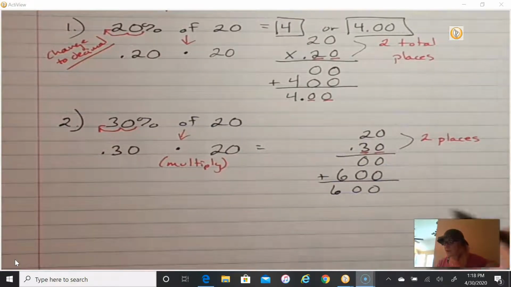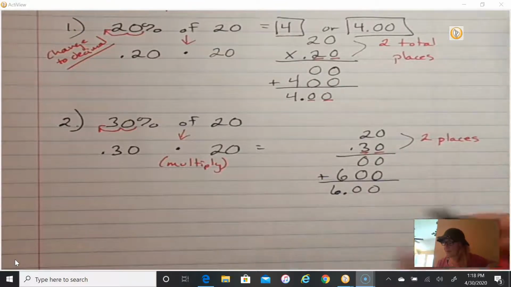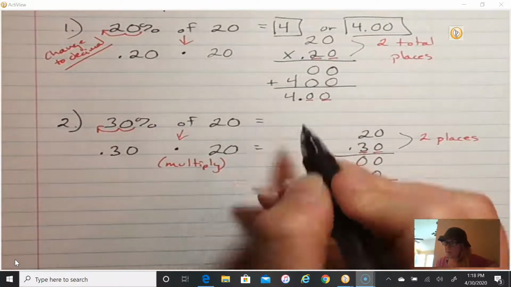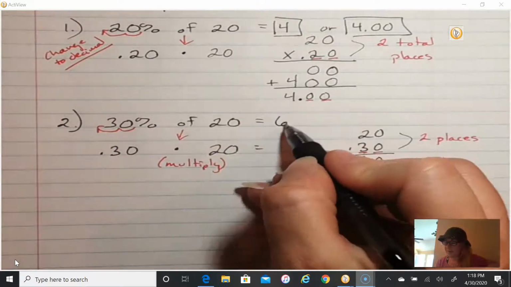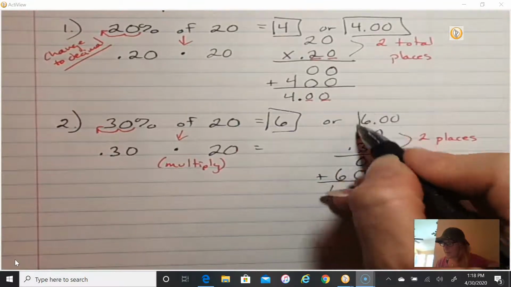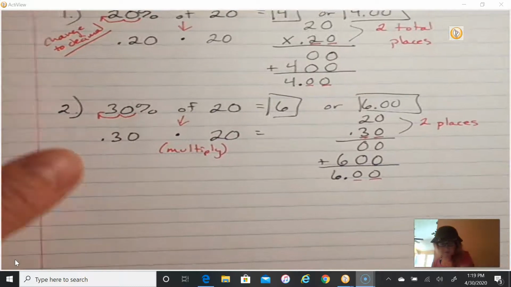So then you need to put the decimal to where you have 2 places after it. So then your answer is 30% of 20 is 6, or you can say 6.00. Okay? Let's do another.